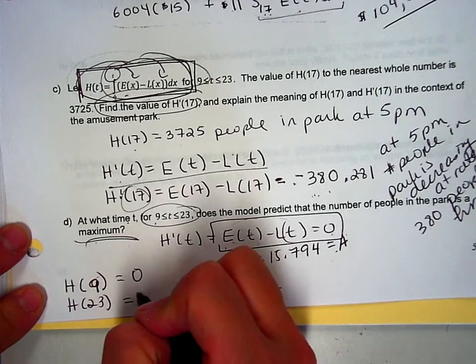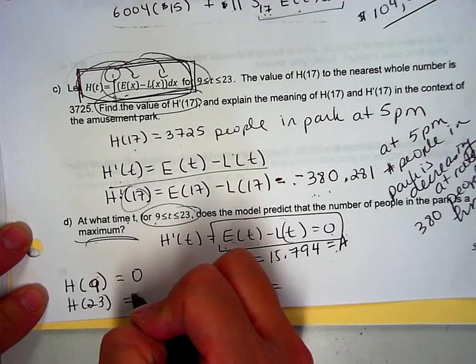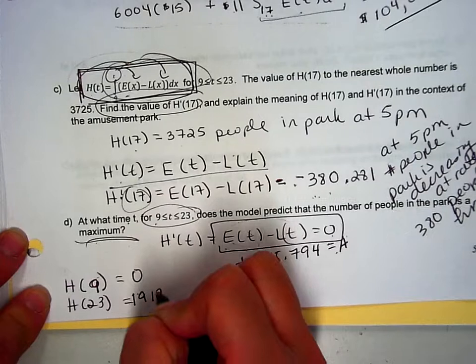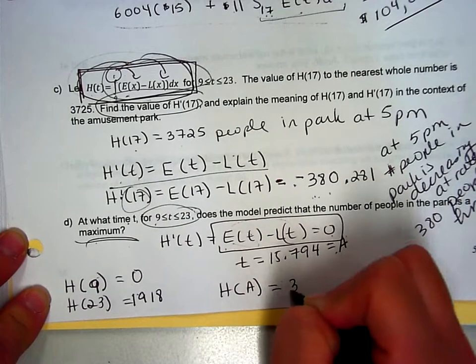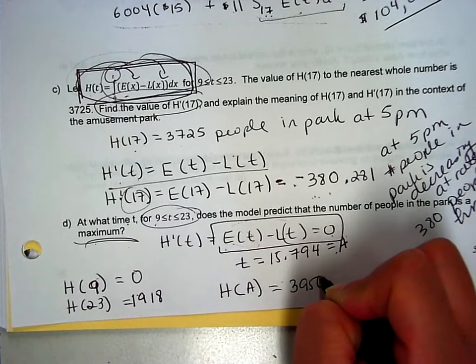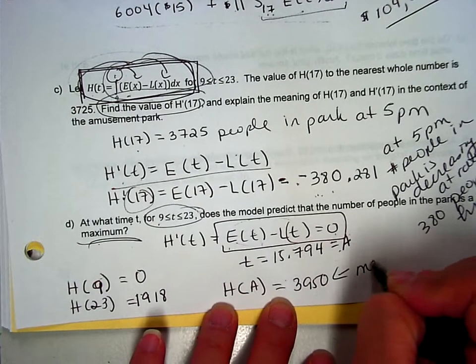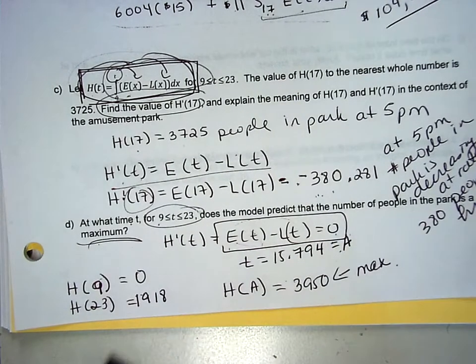This will give me maybe 19, 18, something. This is 3,950. So this is my max. That's the highest value.